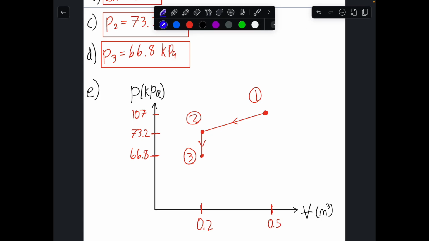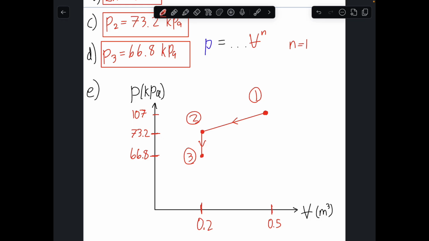So if we write that out, we want to find pressure from state 1 to 2 is equal to some constant stuff times the total volume. And I'll write V to the n here because that will help us see if we had n equals 1, for example, then that would be some sort of straight line like this because it would just be like writing P is equal to V, which on our graph would be some straight line.